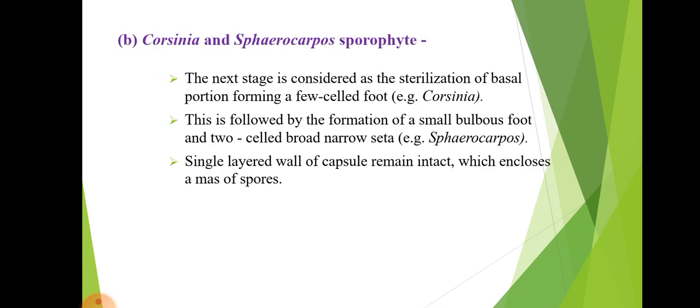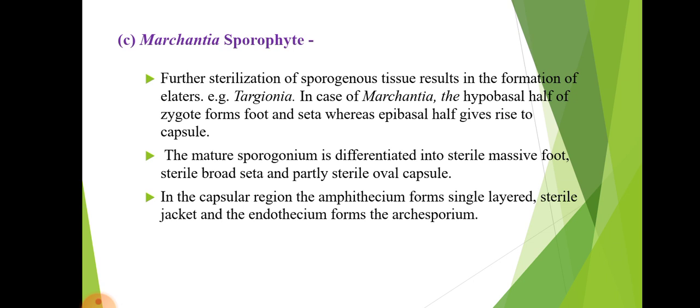And the third one is the Marchantia sporophyte. Further sterilization of sporogenous tissue results in the formation of elaters, for example Targionia. In case of Marchantia, the hypobasal half of the zygote forms the foot and seta, whereas the epibasal half gives rise to the capsule.